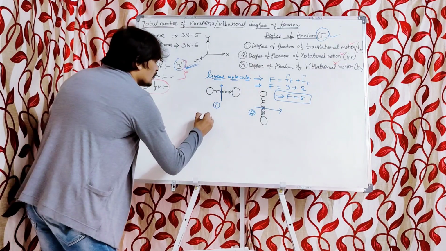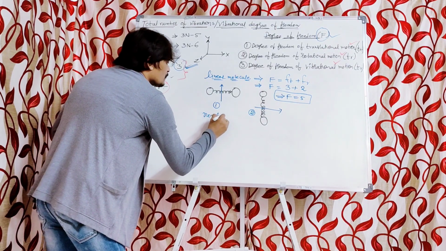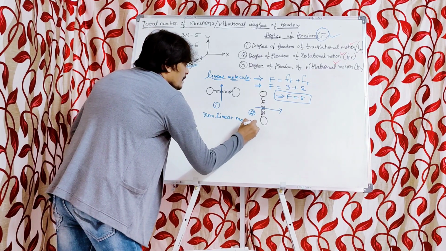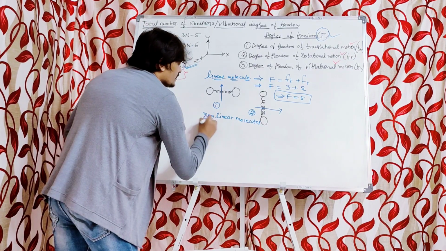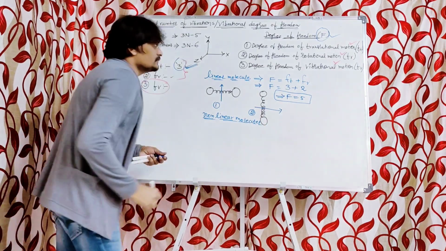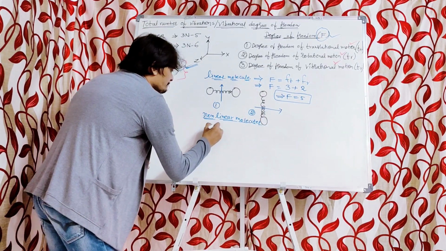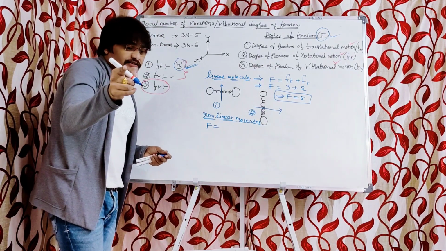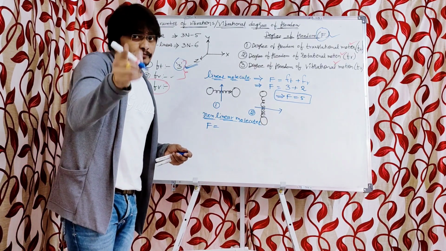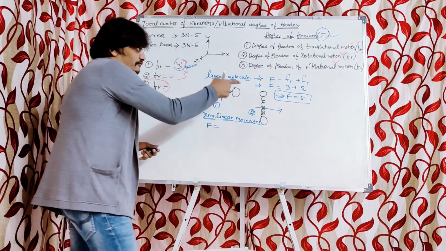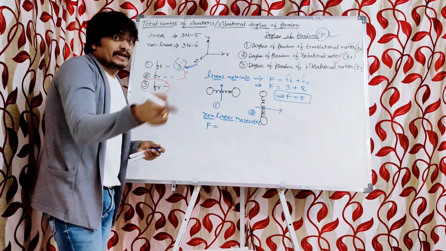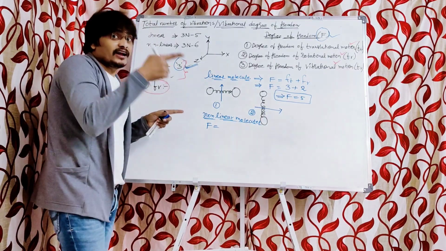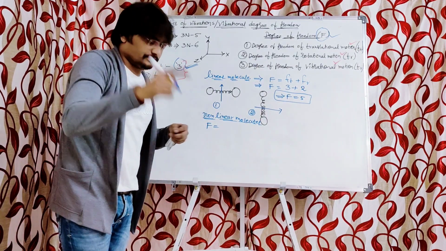Now coming to non-linear molecules. F is the same, Ft plus Fr. We are not discussing Fv from the IR spectrum perspective because Ft and Fr are possible at ordinary temperature, while Fv is not possible at ordinary temperature. We are now discussing ordinary temperature.